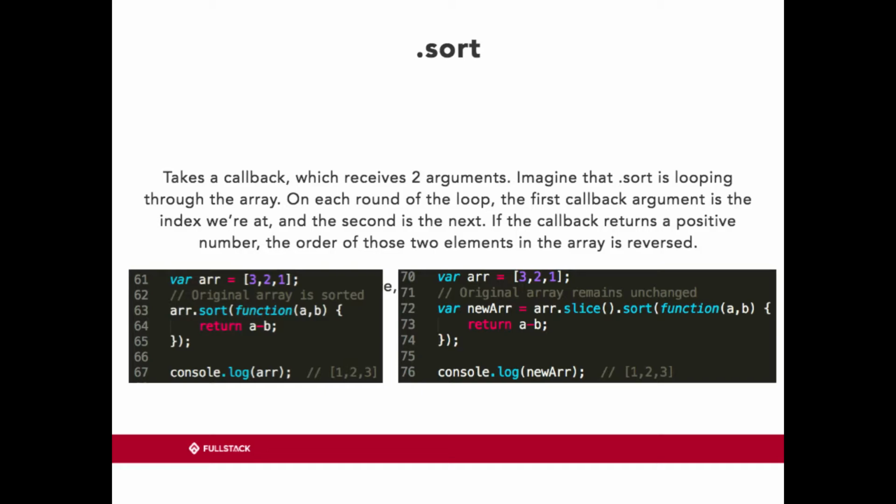So as long as the previous link in your chain returns an array, you can keep calling array methods on it until at some point you don't get back an array anymore, in which case you have to stop.